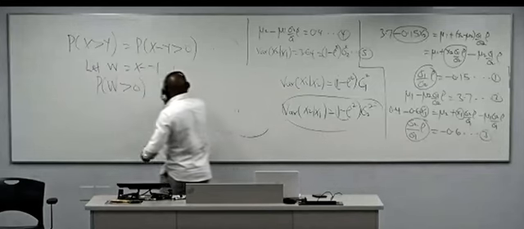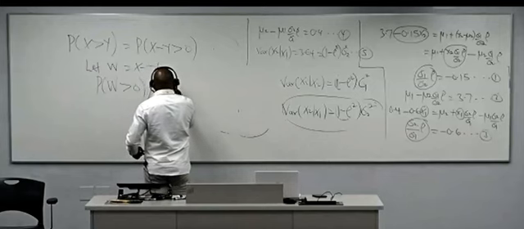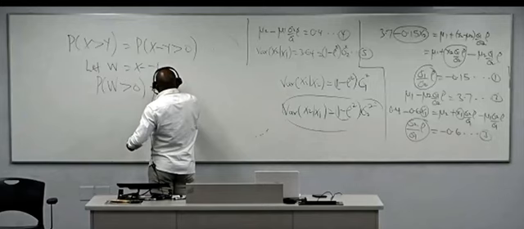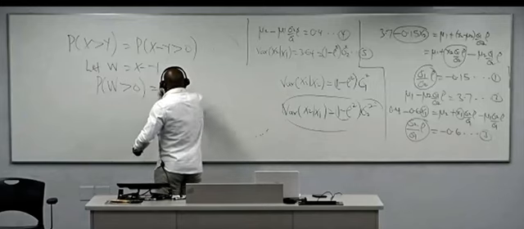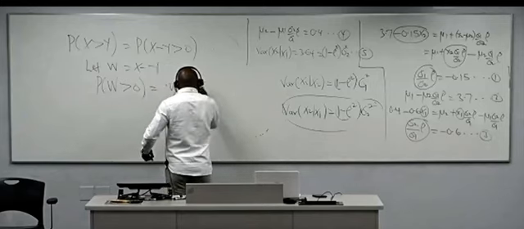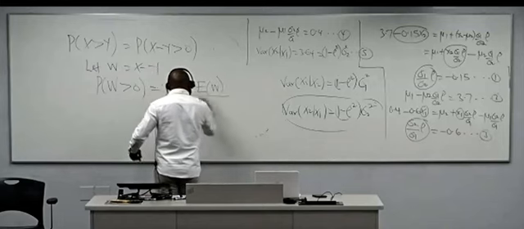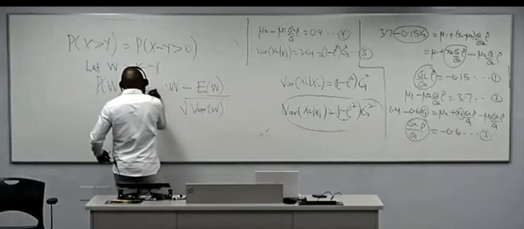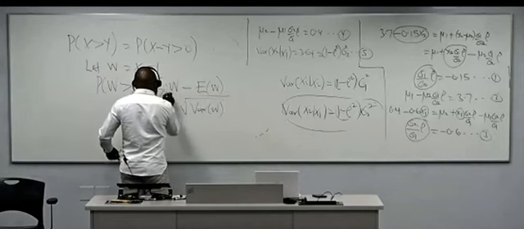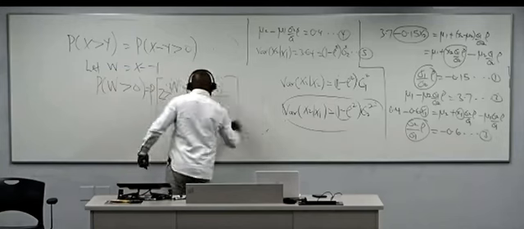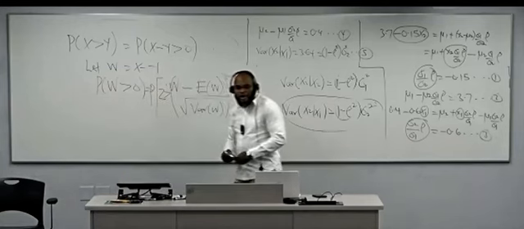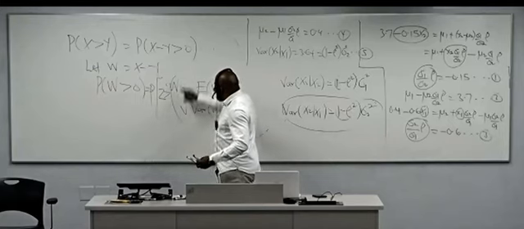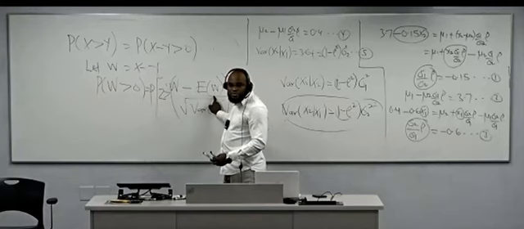Then, let me say w minus expected value of w, because when they follow normal distribution, we're basically going to use the idea of a standard normal. What are you going to do now? Your w is going to be 0. Then you need the expected value of w.